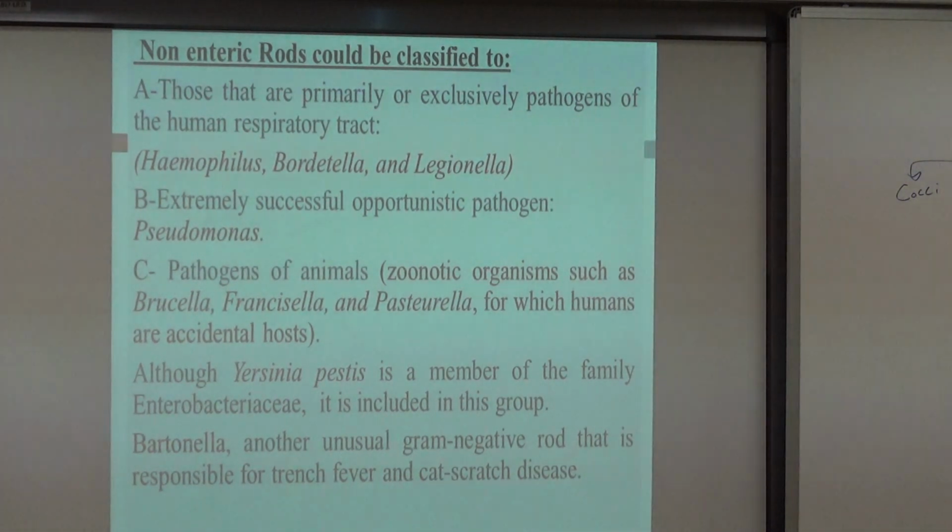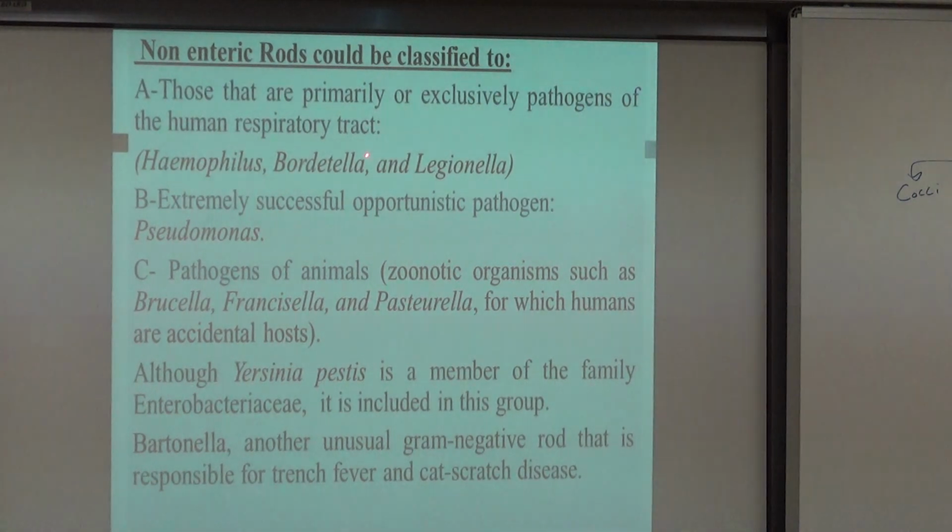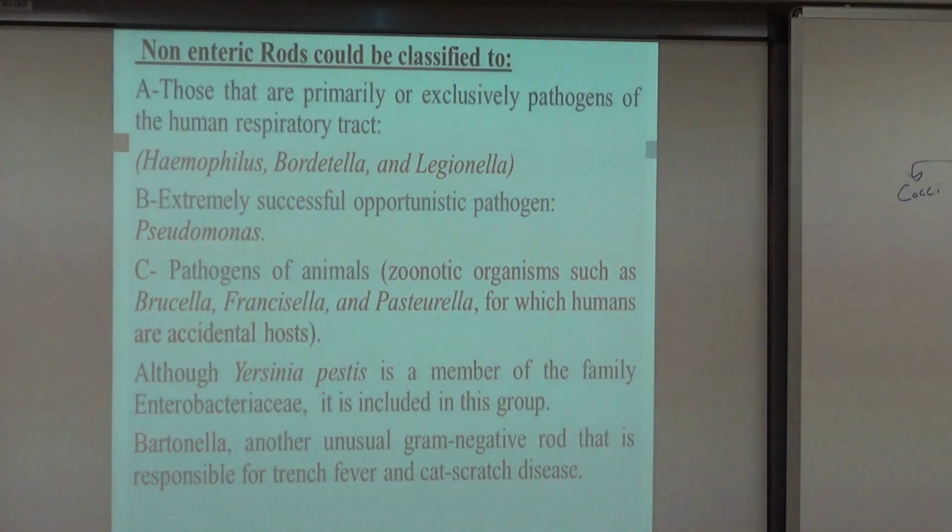The non-enterics can also be subclassified into respiratory infectious organisms like Haemophilus, Bordetella, and Legionella; opportunistic organisms like Pseudomonas; and organisms that lead to zoonotic diseases like Francisella, Brucella, and Pasteurella. Zoonotic infections are infections transferred from animals to humans.